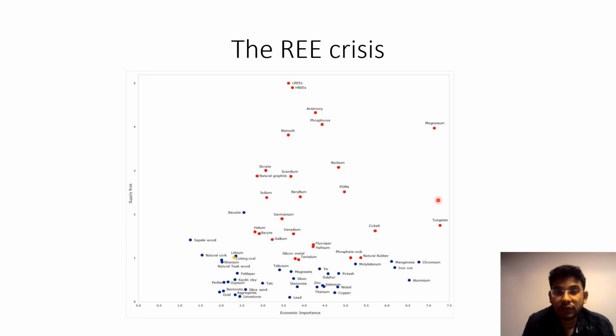So what happened was these rare earth elements, neodymium, praseodymium, dysprosium, which are used in magnets, are very critical to so many electric applications, and they are used in windmills and so many other clean tech devices. And China had, and still has, a monopoly over production because of so many reasons.